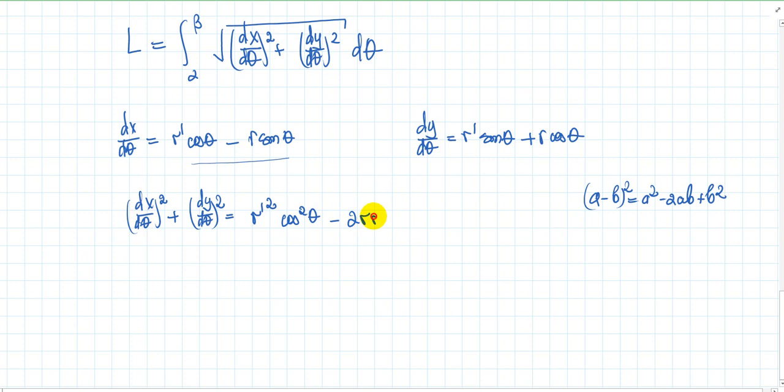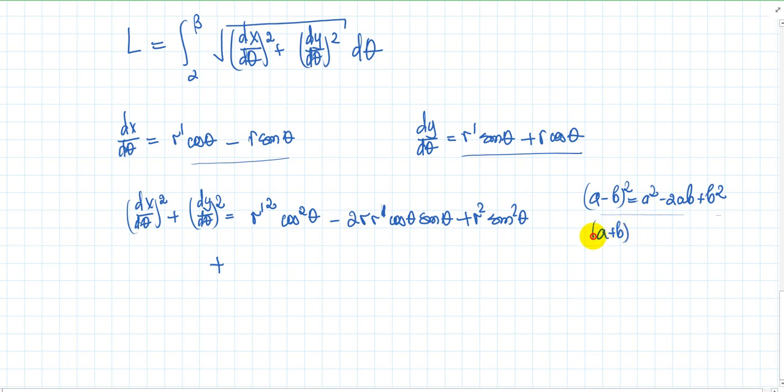Minus 2 r prime cosine of theta multiplied by the sine of theta. Then what is the third term? I'm using this: plus r squared sine squared, right? Plus, I need now the square of this term, right? Do you remember which formula I need to use?